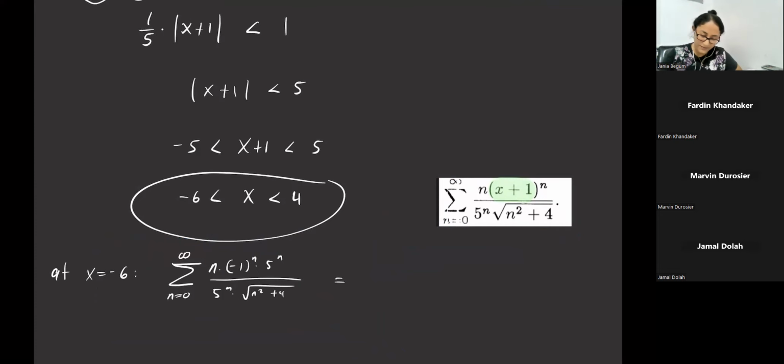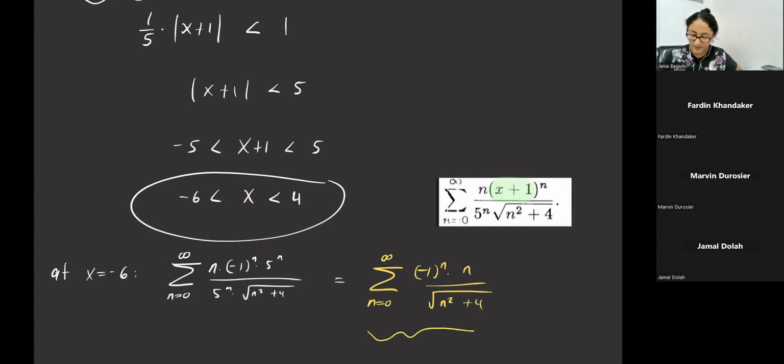Now, if you simplify this series, you'll have the sum from n equals 0 to infinity of -1 to the n times n over the square root of n squared plus 4, as the 5 to the n will cancel out. Now tell me about this series. What do you know about this series? Converges or diverges?